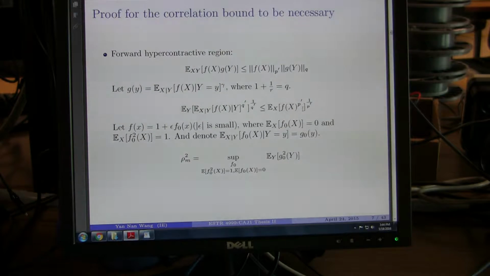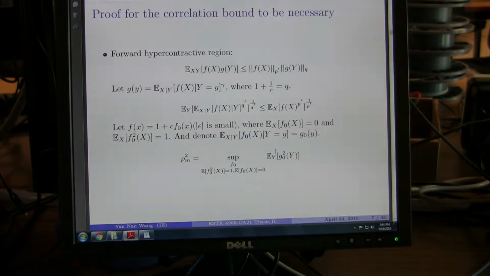Then we will let f(x) equal this expression, where the expectation of f0 is 0 and the expectation of f0 squared is 1. And we will denote g0(y) to be this expectation. Then it's easy to see ρm squared is exactly this expression, the supremum of the expectation of g0 squared (y).